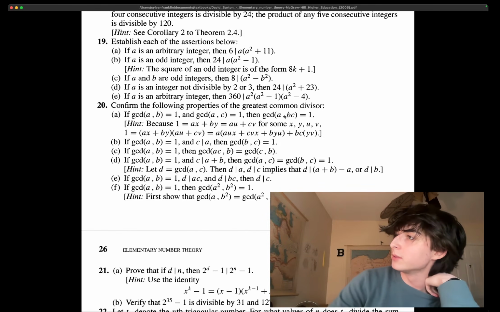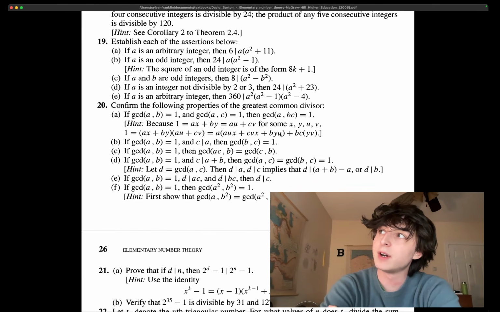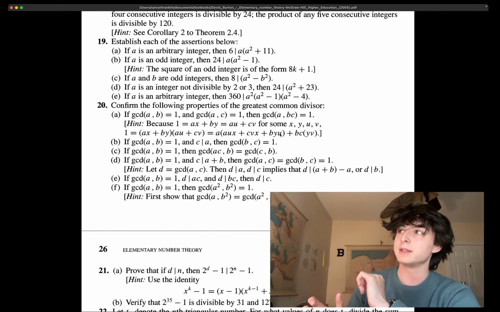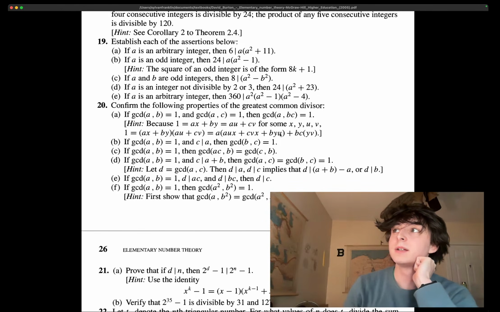By multiplying these two things together, we're getting the set of divisors of B, the set of divisors of C, and then an additional set of divisors of BC.